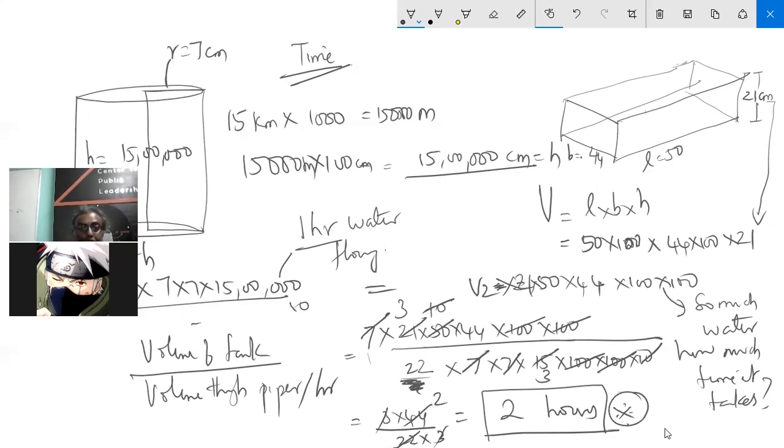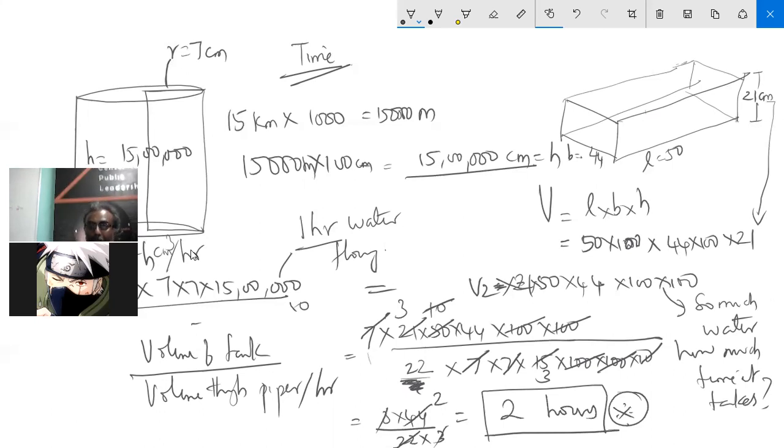Okay, you understand? Why we are doing volume of the tank by volume through pipe is, volume of the tank is what so much has filled up. The pipe was left on for 2 hours. That is why it got so much water inside it. But through the pipe, the water is flowing at the rate of pi r squared h per hour, centimeter cubed per hour.